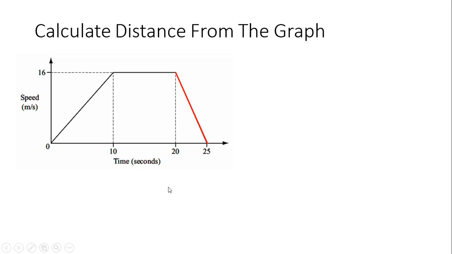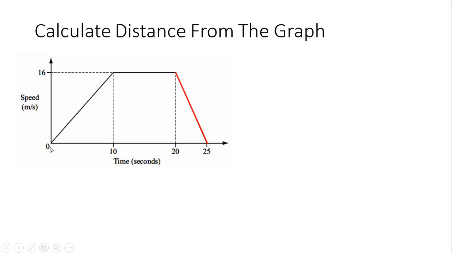So first we will talk about how to calculate distance from the graph. The distance that we calculate here is the total distance traveled by an object. From this graph, you can see that we have a speed and time graph, and the object accelerates from rest to a speed of 16 m/s in 10 seconds, then maintains the speed for 10 seconds.